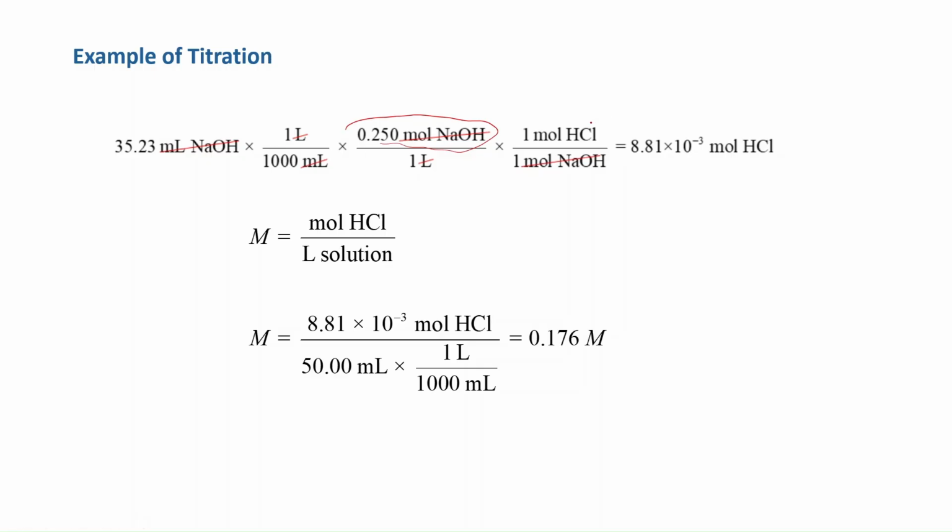We said the mole ratio is 1 to 1. 1 mole of hydrochloric acid reacts with 1 mole of sodium hydroxide, so moles and moles cancels out, and that tells you how many moles of hydrochloric acid you have. You know the volume, so the molarity of hydrochloric acid is the number of moles that you got in here, times the volume that we are going to change to liters. So moles per liter, that's molarity.